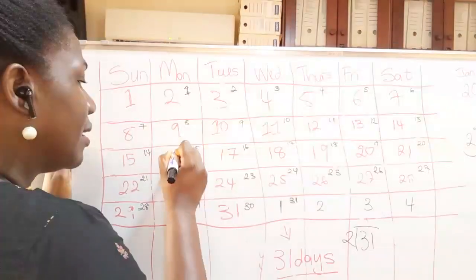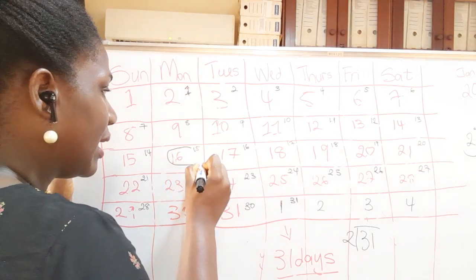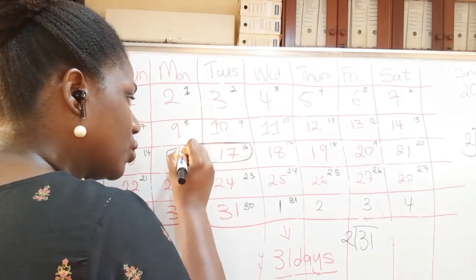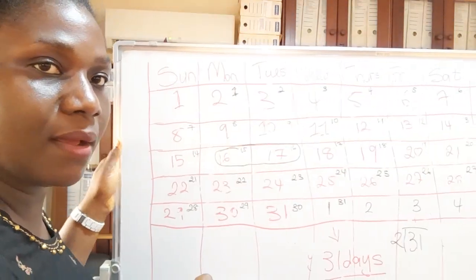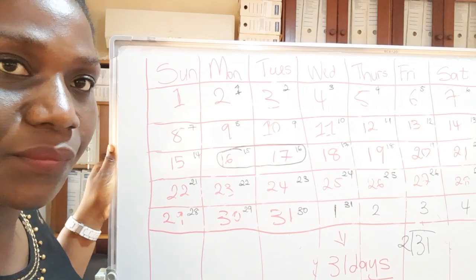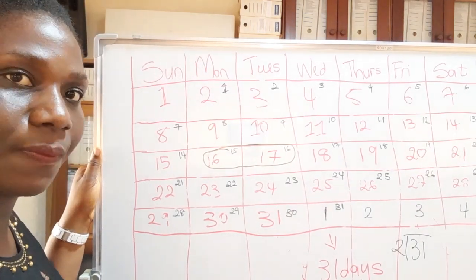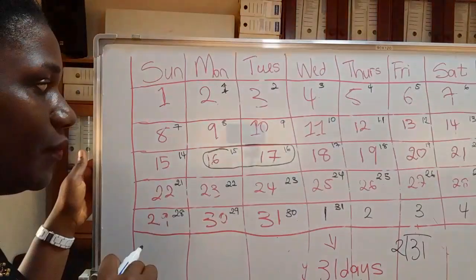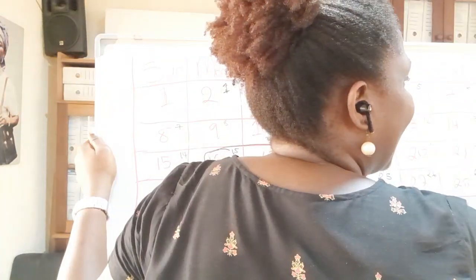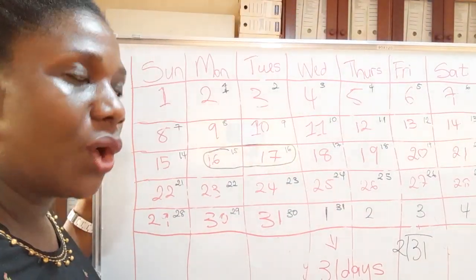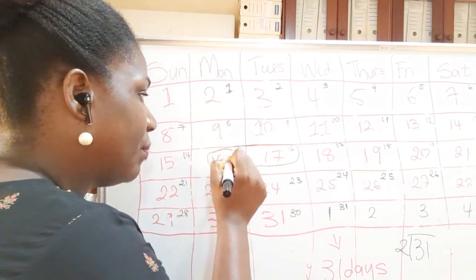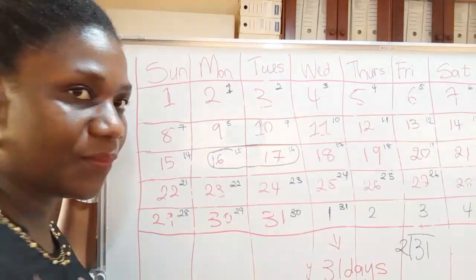So this will be the 15th day and a half, so you'll have to circle the 16th day. Please follow me so you can understand. Instead of putting away the 0.5, which could be rounded up to 16, you have to select both the 15th and the 16th.